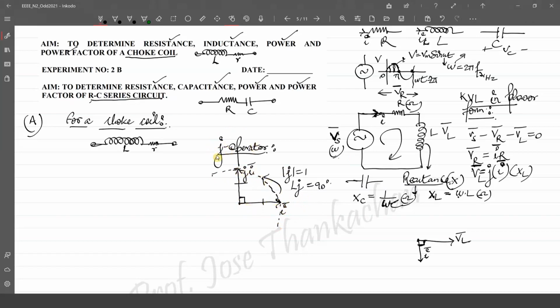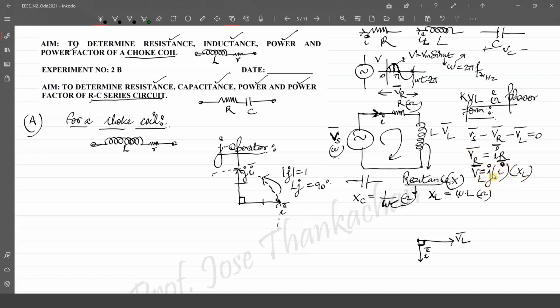So we are defining an operator which is known as the J operator. And what does a J operator do? It actually rotates the phasor. So to make this voltage equation complete for an inductor, I am writing VL is equal to I into XL multiplied by J. Now this becomes a complete equation. Why?